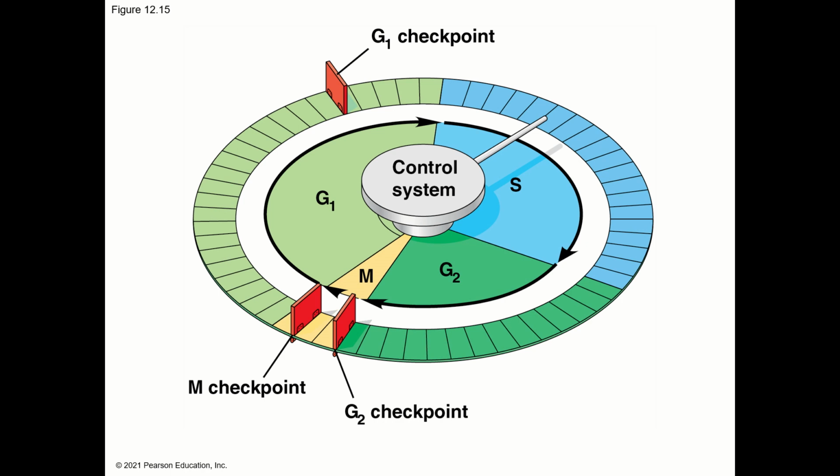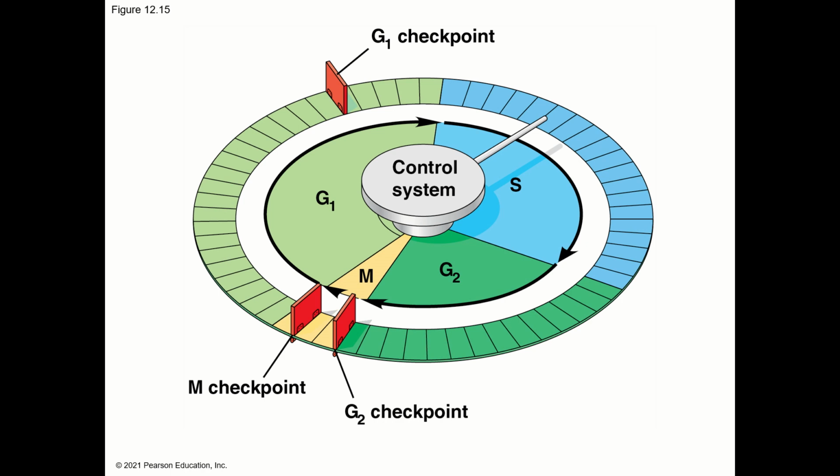Essentially, once a cell has built up all the resources it needs to divide, and it passes the G1 checkpoint, it is committed to replicating its DNA and to going toward division.